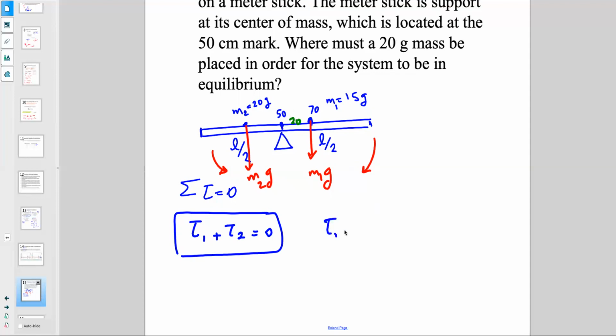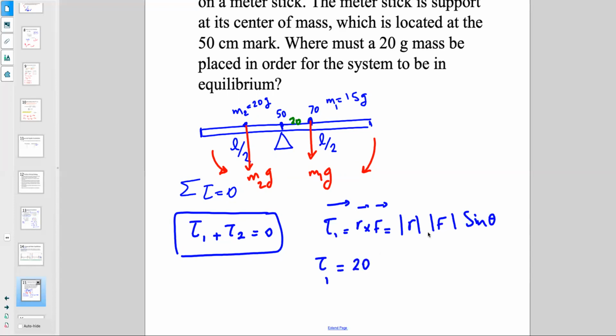Tau 1 is R cross F, the general format: R F sine of theta. In order to find tau 1, I have to multiply R1, which is 20 centimeters. I am not going to change the 20 centimeters to meters at the moment. I have to do it, but I'm going to keep it as 20 here.